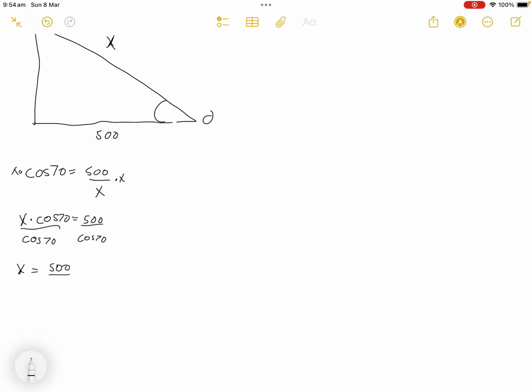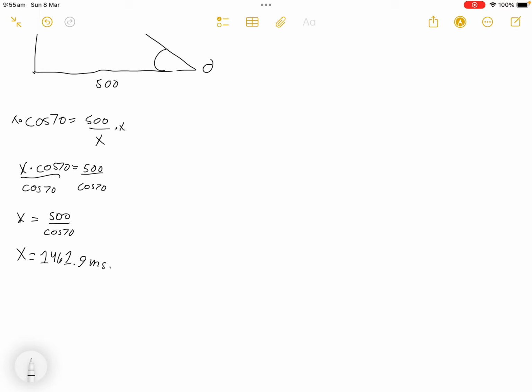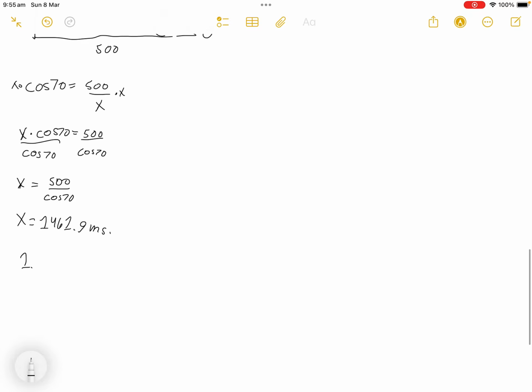So 500 divided by cosine of 70 is going to give you 1,461.9 meters. That is pretty far. If you want to convert that into a bigger unit of measurement, we can say that the distance between the ball and the eyesight of the boy is 1.461 kilometers.